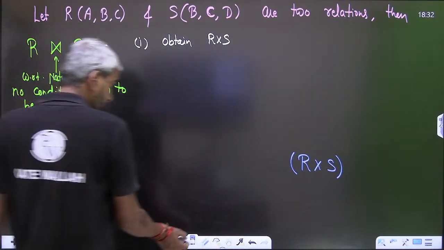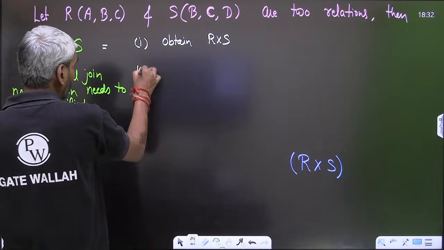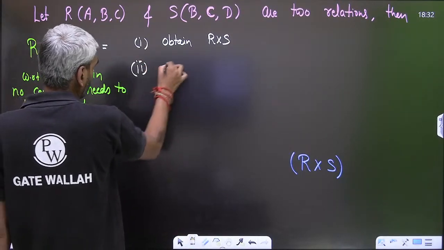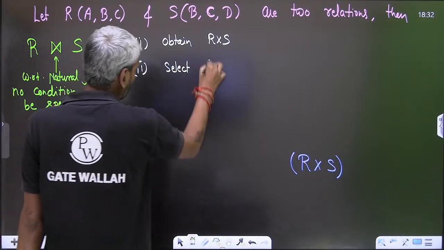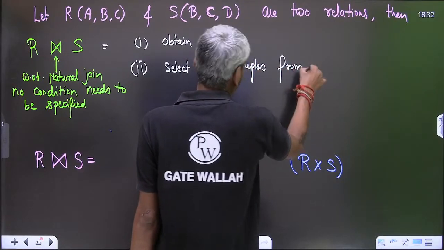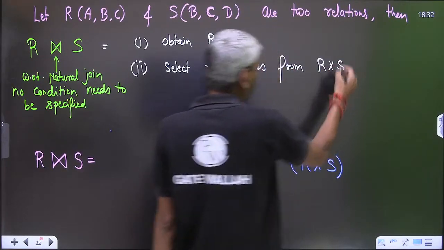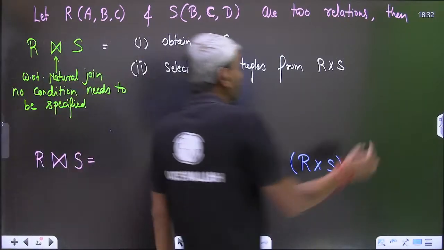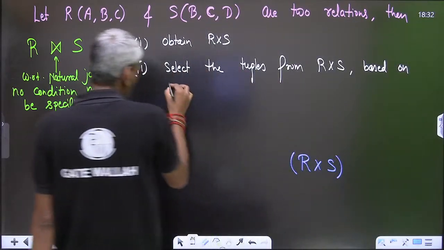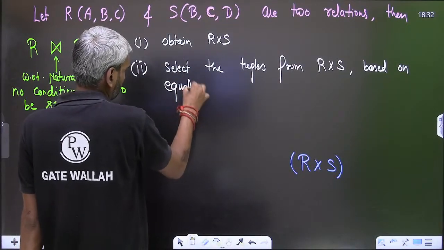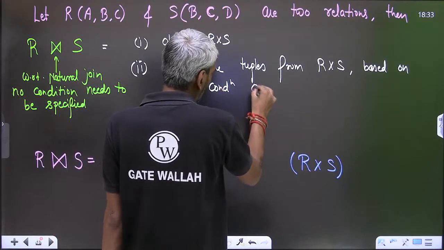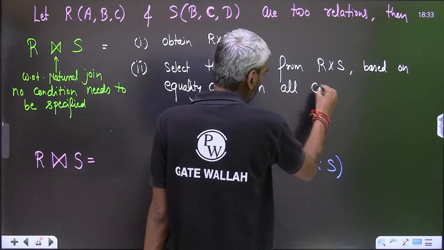So the second thing that you need to do is select the tuples from R cross S based on the equality condition on all common attributes.